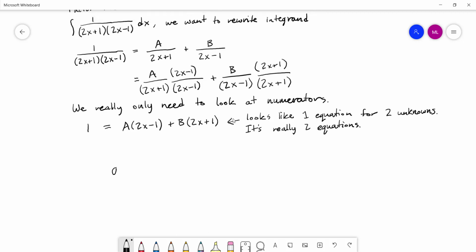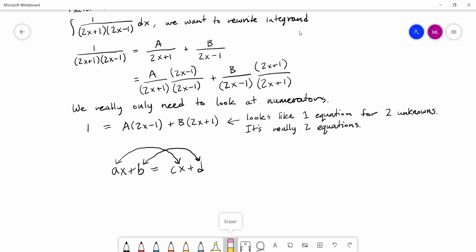So if ax plus b is equal to cx plus d, even though it looks like I've only got one equation, there's really two. I know that a and c have to be the same thing, but I also know that b and d have to be the same thing. Here's one equation I can set by forcing those to be equal, and a second equation comes from forcing those to be equal. And we've got the same thing over here. It's just written out a little bit messier right now.